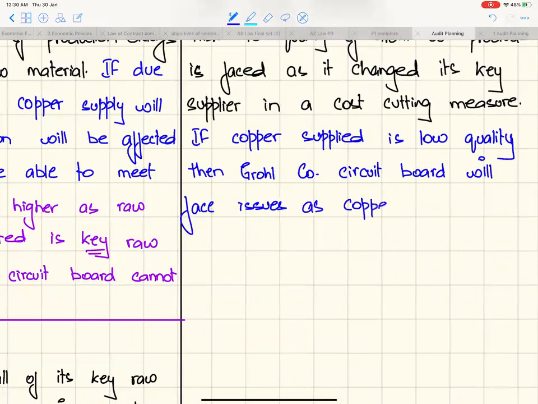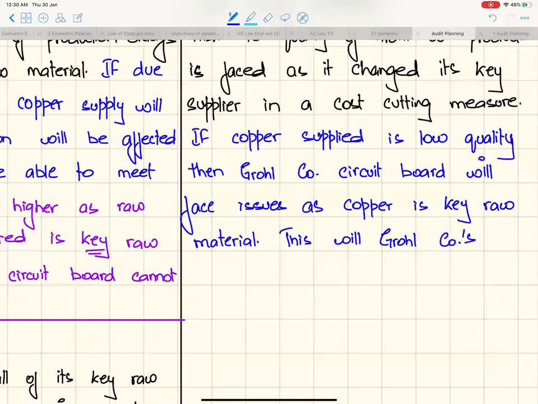It was written that copper is key raw material. This will affect Grahak company's reputation.